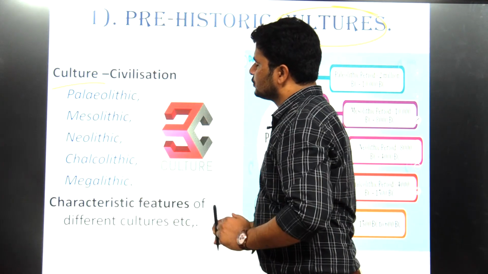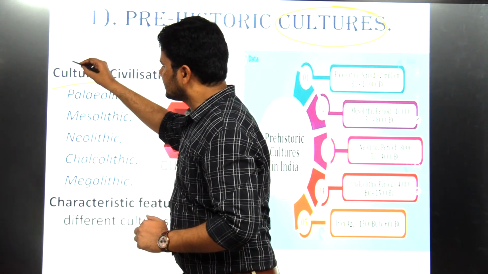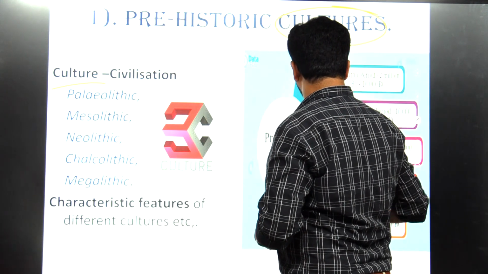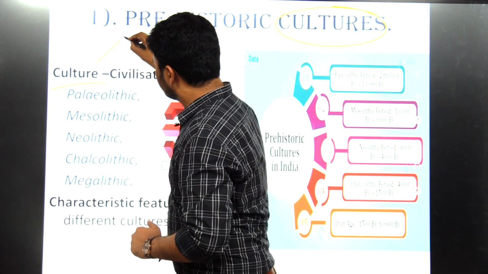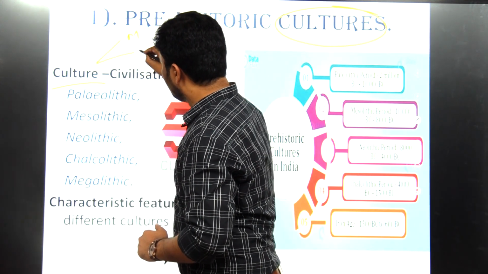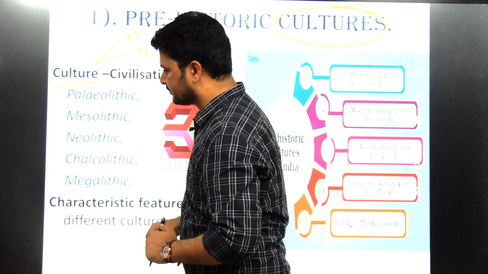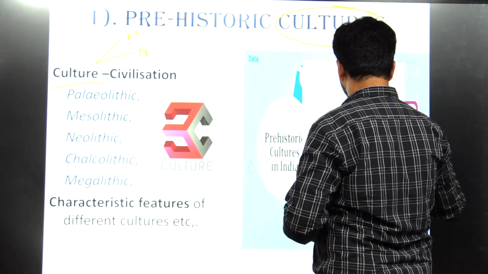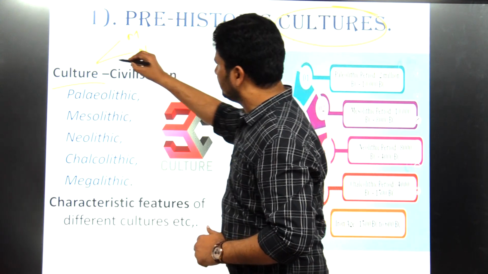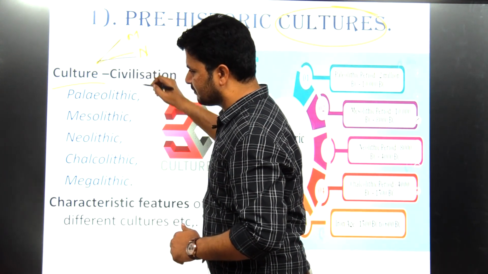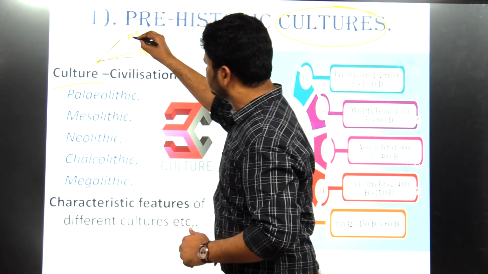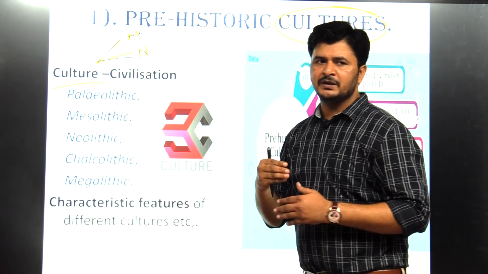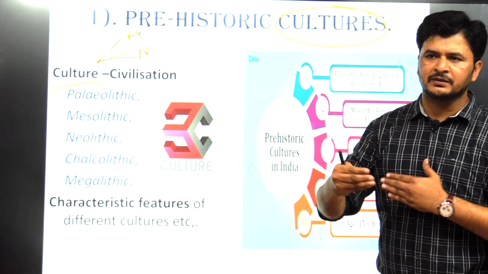Fine. So for our convenience, in culture we have two elements, materialistic and non-materialistic. Materialistic can be counted as progress.